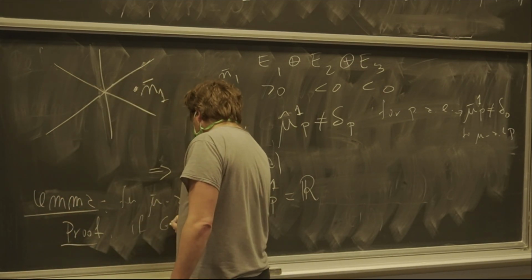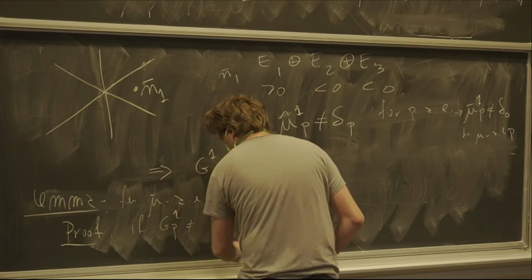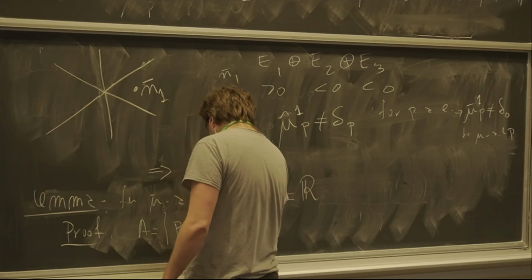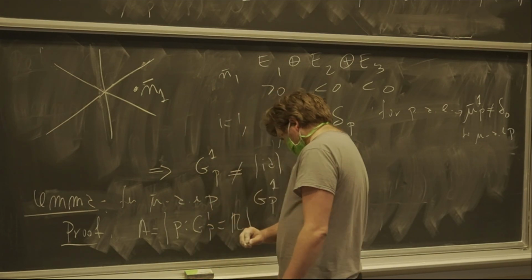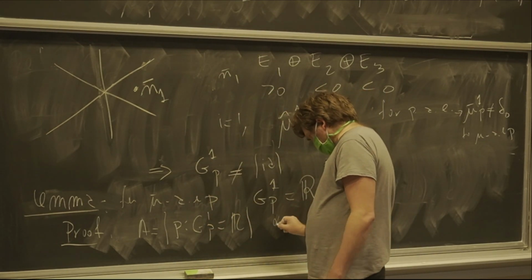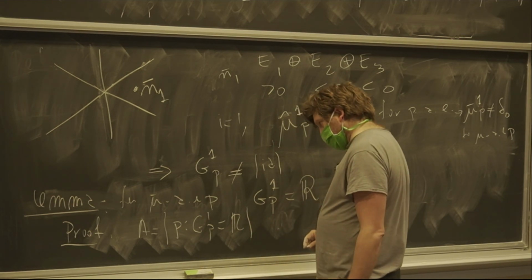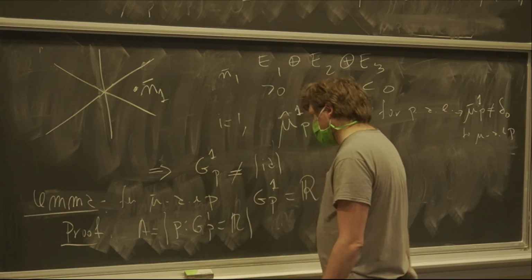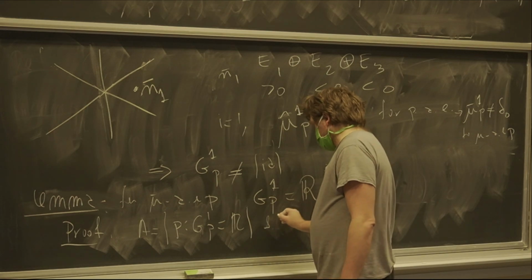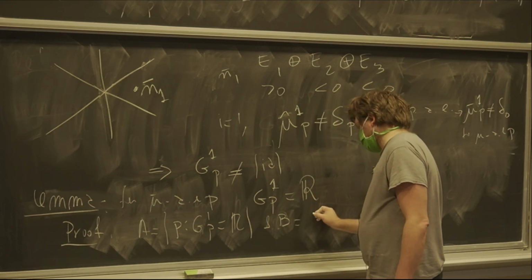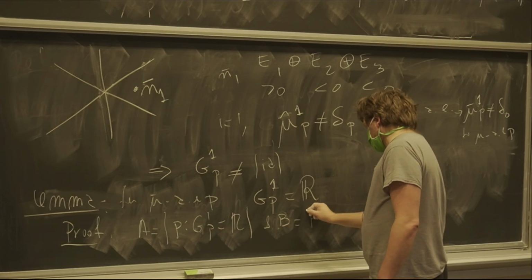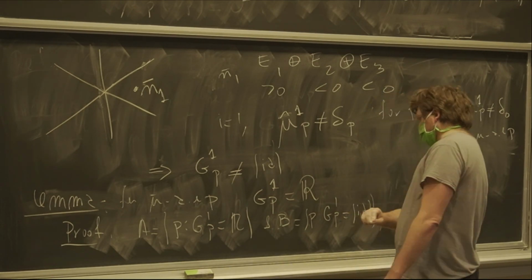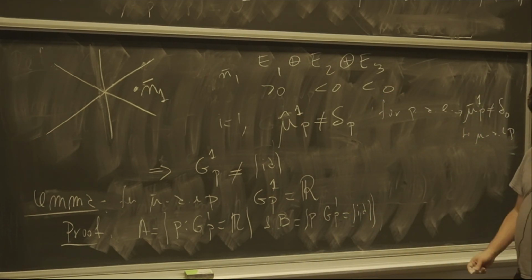Let A be the set of p such that Gp1 equals R, alpha S, and B be the set of p such that Gp1 equals the identity, and C is the complement of these two sets. Okay.